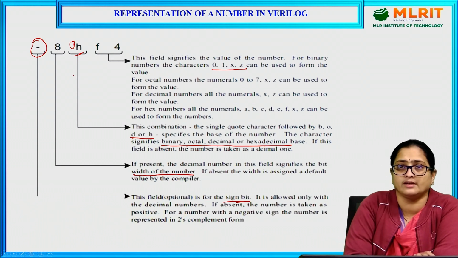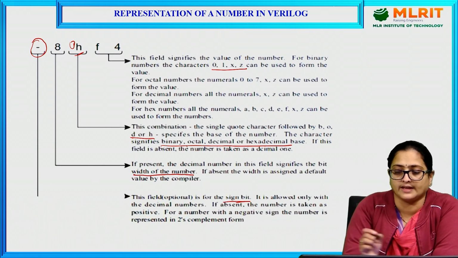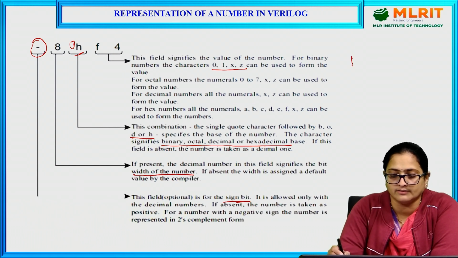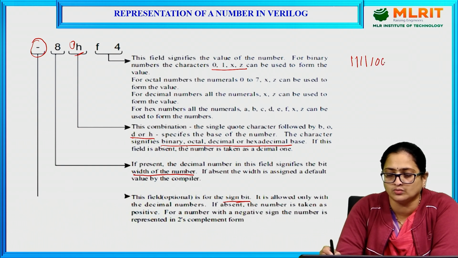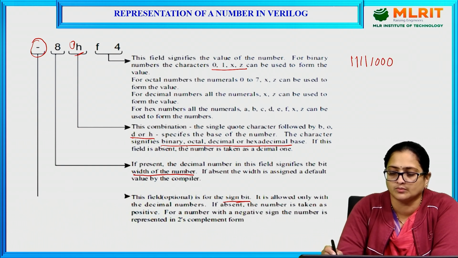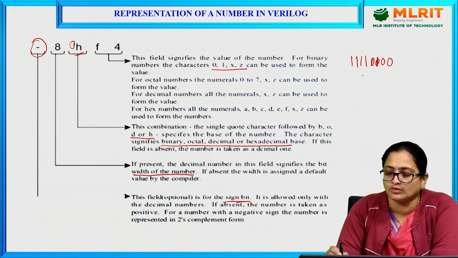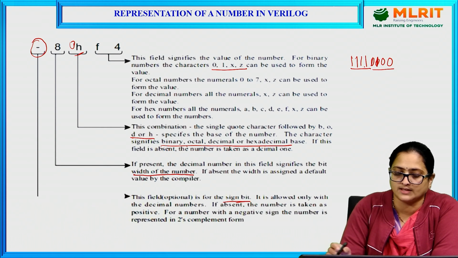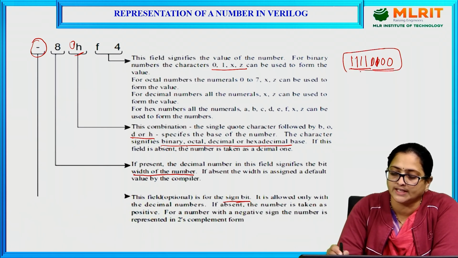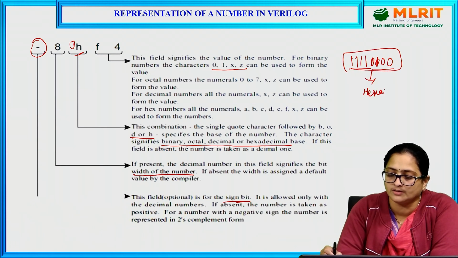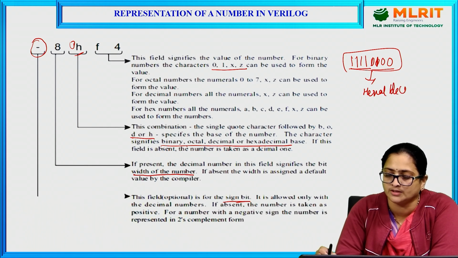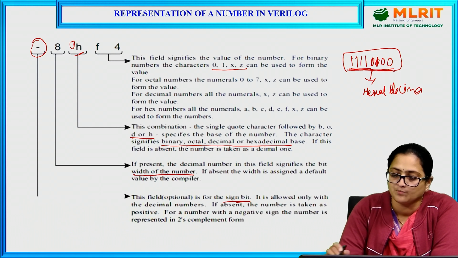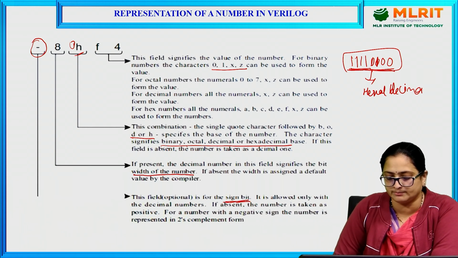Here, whatever I have taken is an 8-bit hexadecimal number. F represents the 4-bit ones, 1 1 1 1, and 4 represents 0 1 0 0. So this F4 is a number represented in hexadecimal, consisting of 8 bits, 1 2 3 4 5 6 7 8 bits, and this negative sign represents a signed bit.